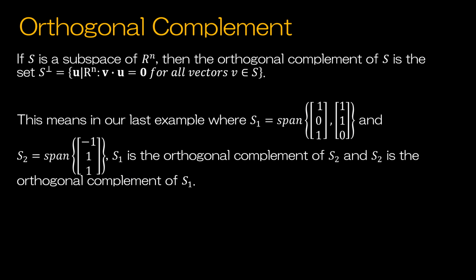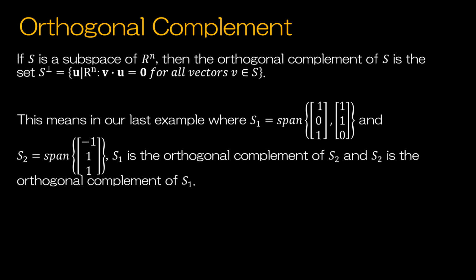This brings us to the orthogonal complement. If S is a subspace of Rn, then the orthogonal complement of S is the set of all vectors that are orthogonal to the subspace.